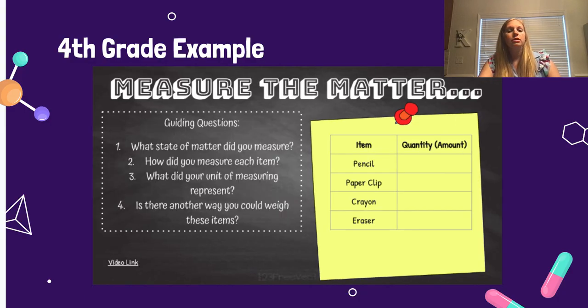The next part was the guiding questions that I would ask, and I would get them to talk to their group about these. And then if you'll notice, there's a little link down here. That's where I introduced the vocabulary of mass versus weight. I hadn't told them before. This is the first time I introduced it.